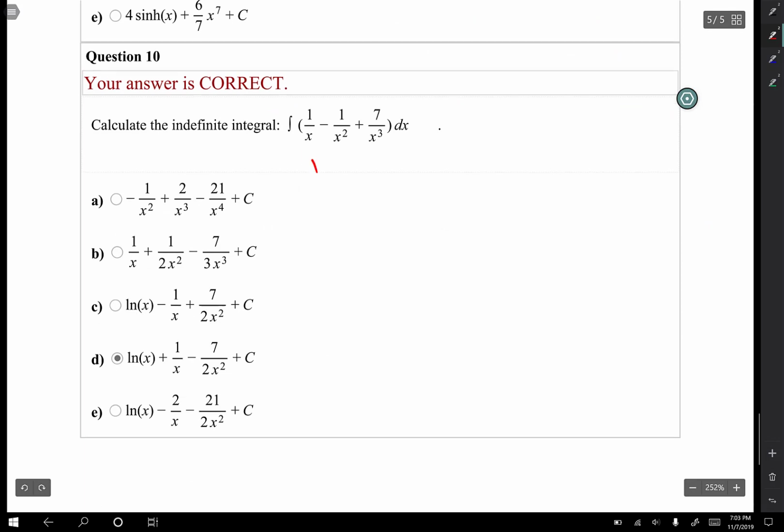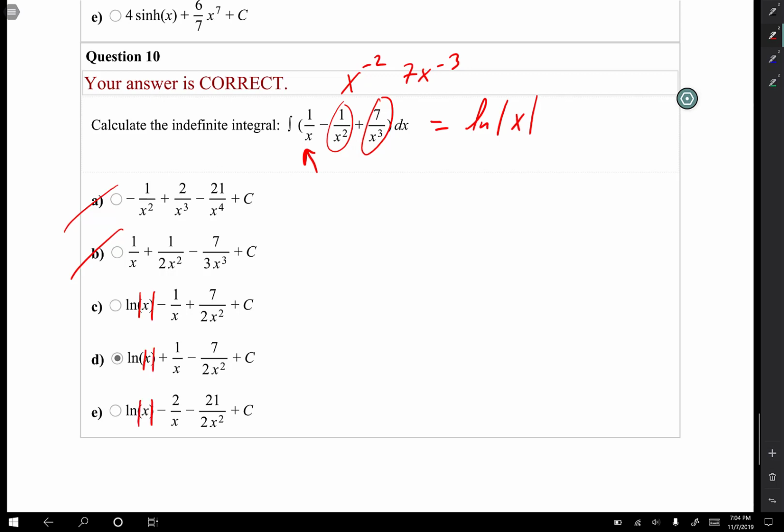This one, you just got to know the 1 over x, that's just ln. So immediately, I don't see ln's on those, so it's between these three. I would rewrite this as x to the negative 2, and then rewrite this as 7x to the negative 3. So now we're ready. So the antiderivative of 1 over x is ln, absolute value of x, to take care of the domain. They're not putting absolute values, but they're supposed to. All right, next, the antiderivative of x to the negative 2. So let's see.